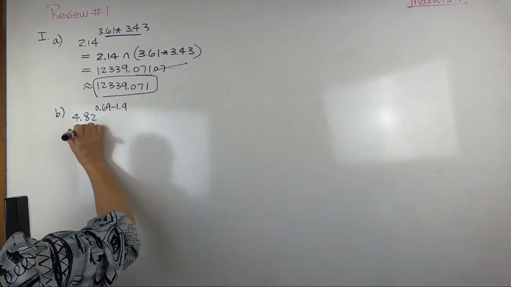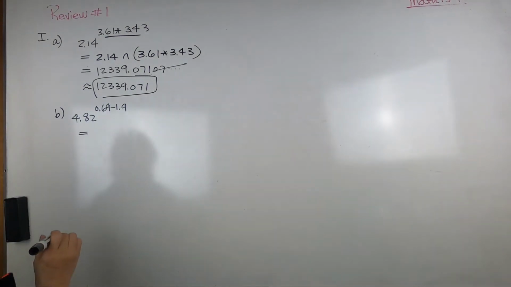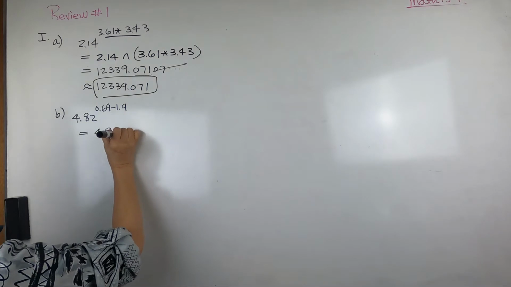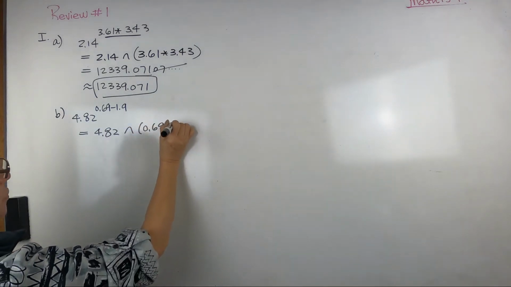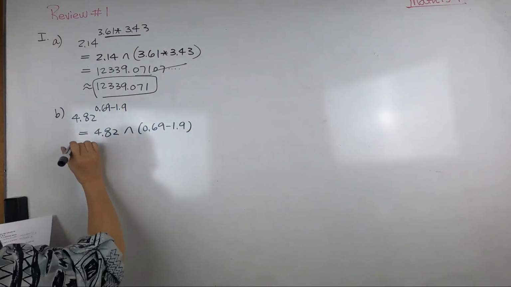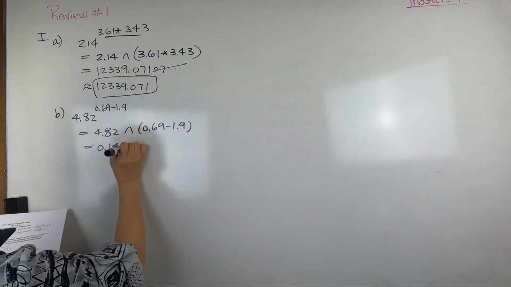How about this one? What do you think? How should you enter it into the calculator? So you will have that as your base, to the power. The power is the whole thing. You need to do it first, right? So with parentheses, you will get 0.149.